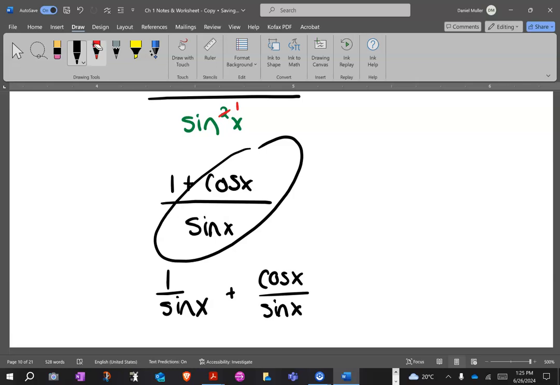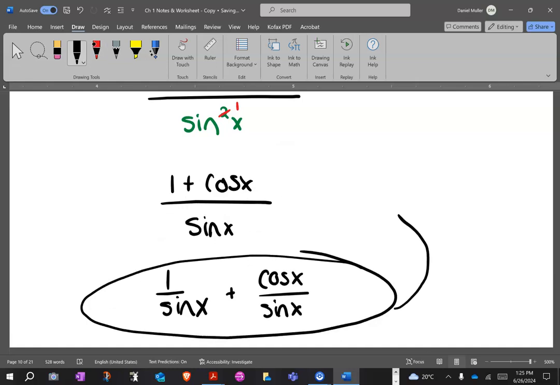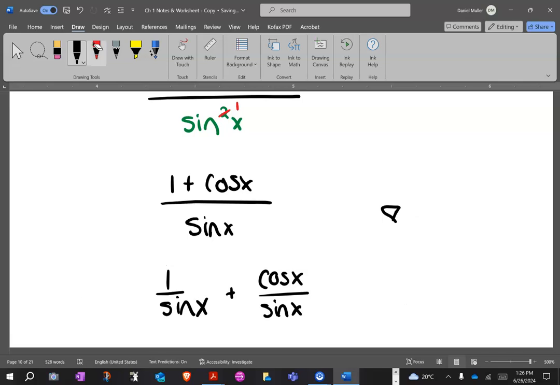And the way you know that would work together is that if these already have a common denominator, so if you were to work backwards, they already have a denominator of sine x, so that's your bottom, and then the tops would just be added, so 1 plus cos. It would turn right back into what we have previously.